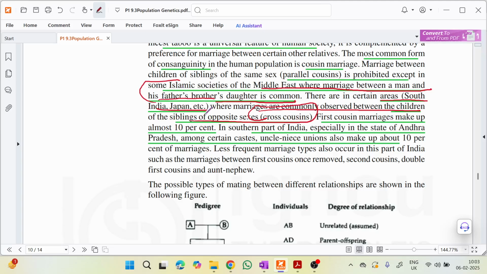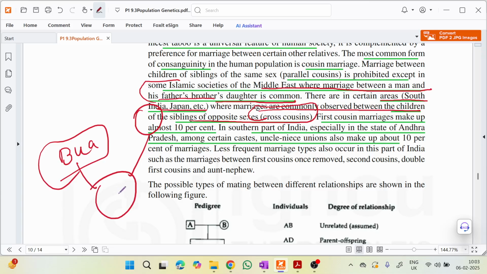Instead of siblings of the same sex, as in the case of father and uncle, it is between siblings of opposite sex, which means your father and your paternal aunt, in India, bua. So marriage between you and your bua's daughter would be a cross cousin marriage.